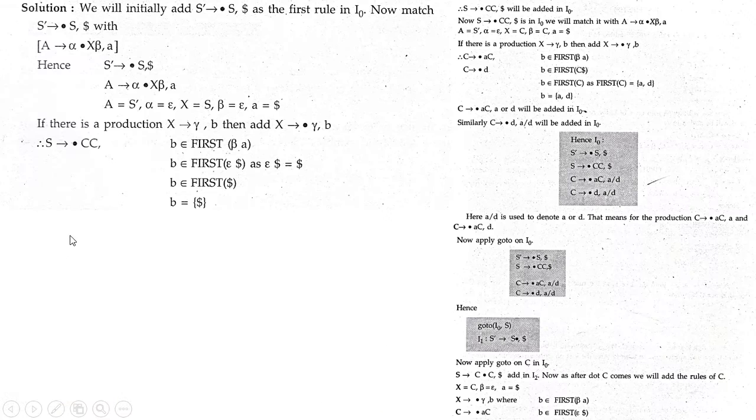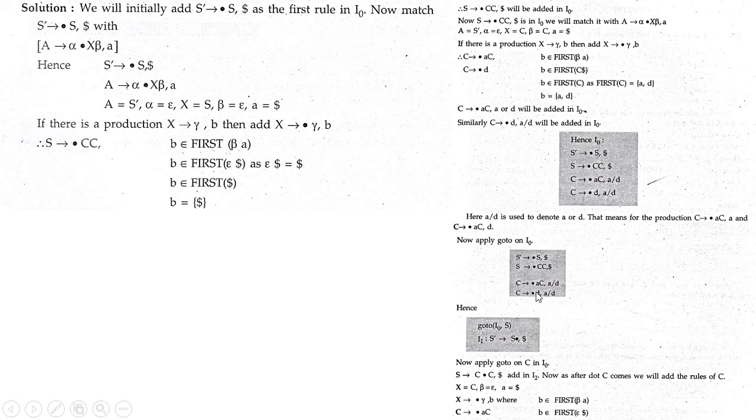Repeat for the fourth line, that is C derives dot D will give you D dot, that is this production. After this is finished, go for I1, and you see I1 is complete because the dot is in the last. So go for I2. In I2 you see C dot CC, so you should get C dot, so that will give you a new production again. So that production is given here.